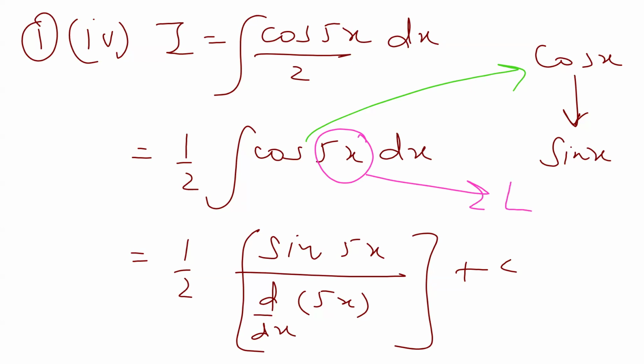Is 5x LAT? Yes. So if 5x is LAT, then only we can proceed. Otherwise, we cannot. And they won't randomly frame any problem and give it to you directly. Derivatives didn't really have such kind of rules. So this is 5, 5 twos are 10, so it will be 1 upon 10 sin 5x plus c.